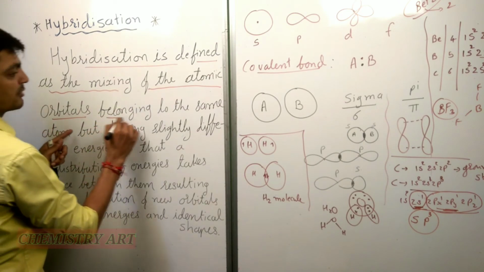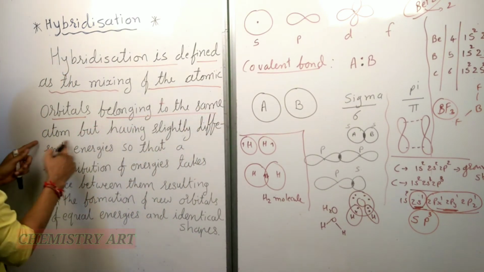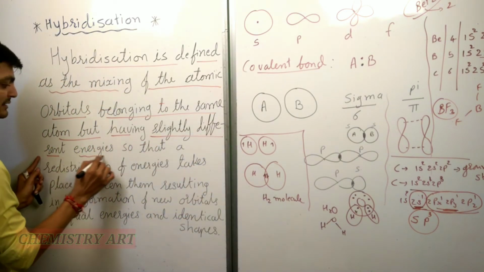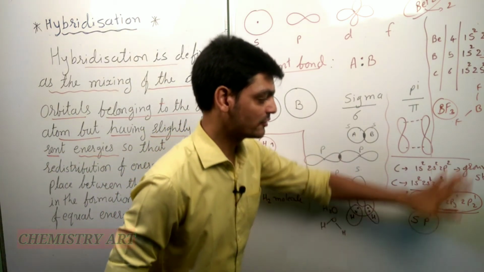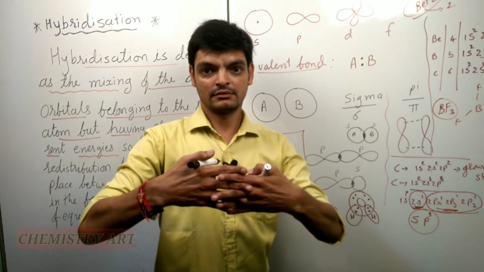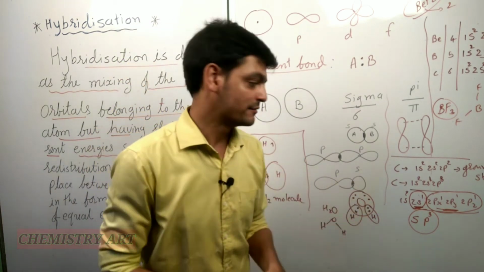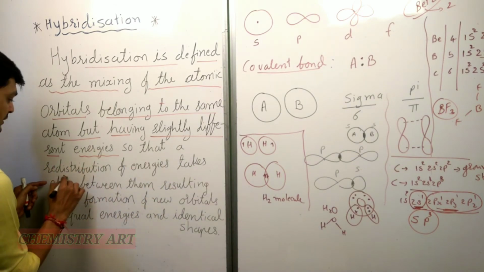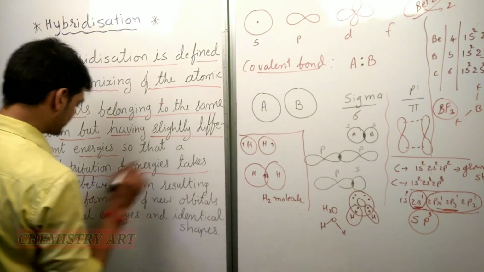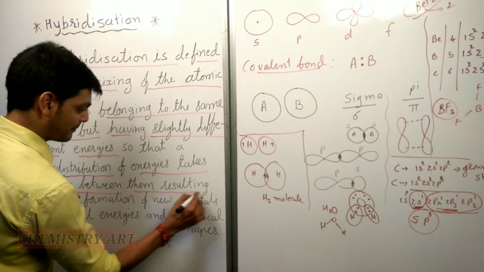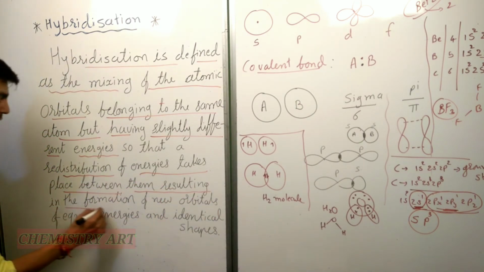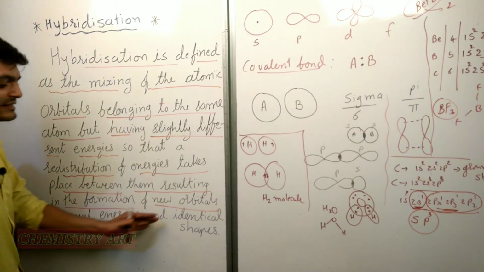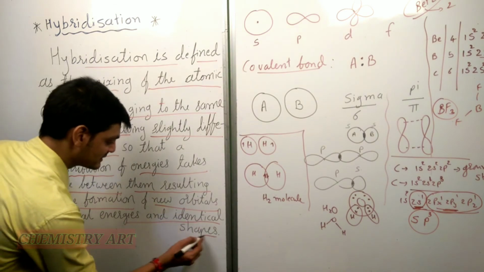Atomic orbitals belonging to the same atom but having slightly different energies, carbon's atomic orbitals, will intermix, so that redistribution of energy takes place between them, resulting in the formation of new orbitals of equal energies and identical shapes.